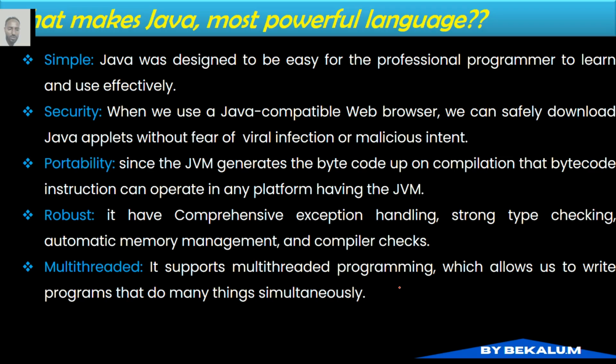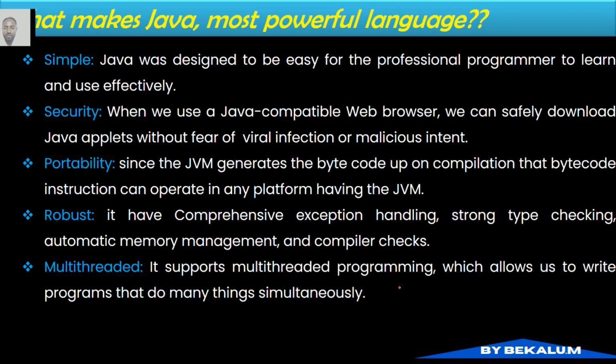The other, portability. Since the JVM generates bytecode upon compilation, that bytecode can operate on any platform having a JVM. So even if you have machines with different operating systems, the bytecode generated after compilation can run on them. The other, robust.